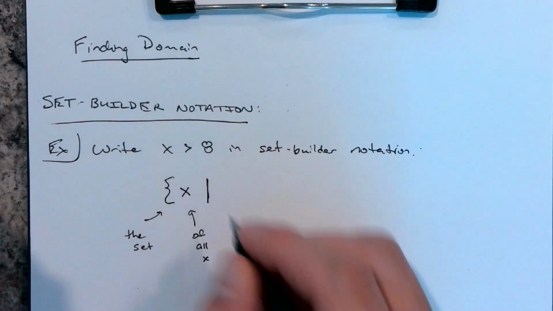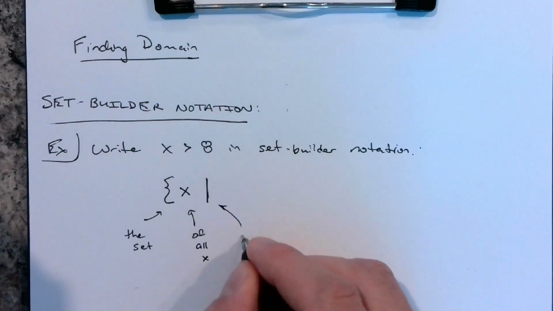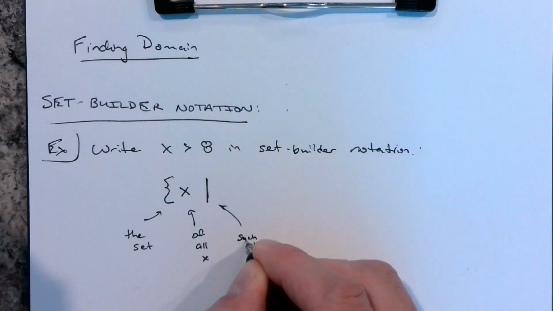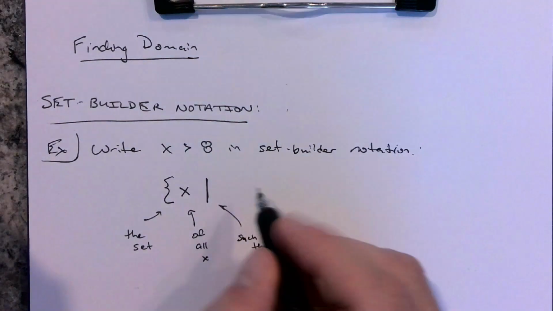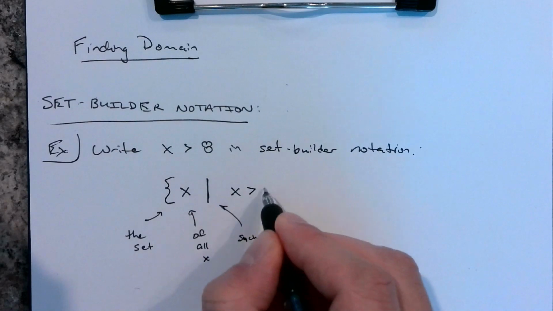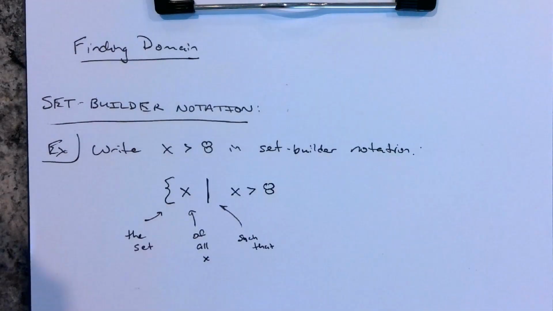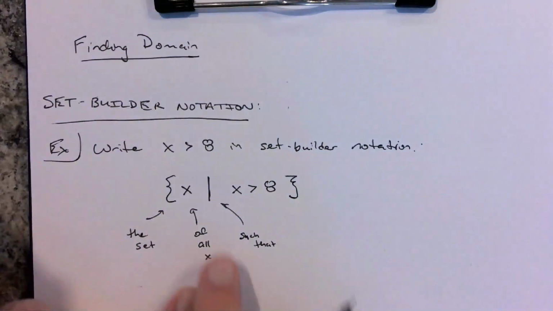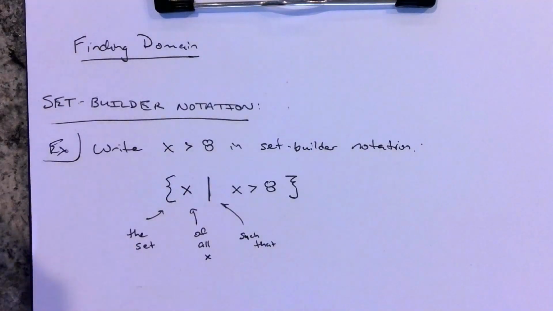This bar means such that. And then you put the condition, in this case, x is greater than 8. And then you close the set with a curly brace. So the way we'd write this is the set of all x such that x is greater than 8. That is how you would use set builder notation there.